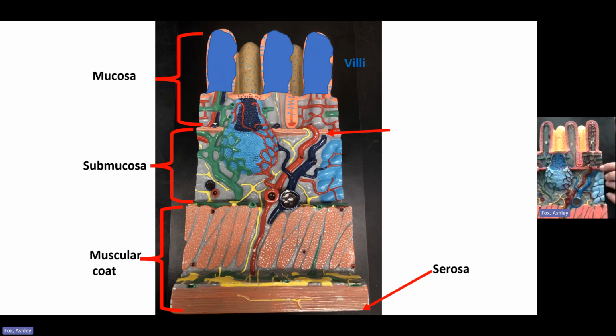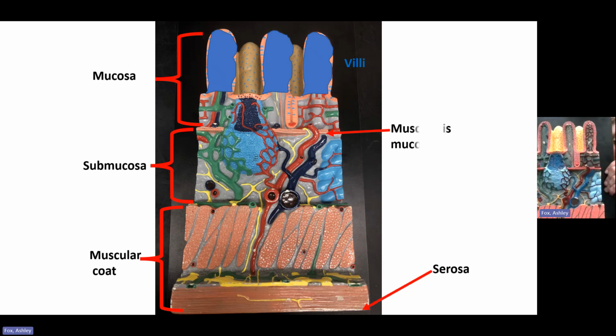It matches the color of the muscular coat. This is the muscularis mucosae, another muscular layer to help stabilize the villi. The majority of the movement happens in the muscular coat, but we have another layer of smooth muscle separating the mucosa from the submucosa.